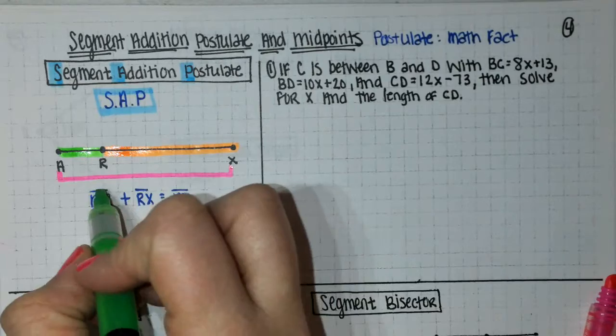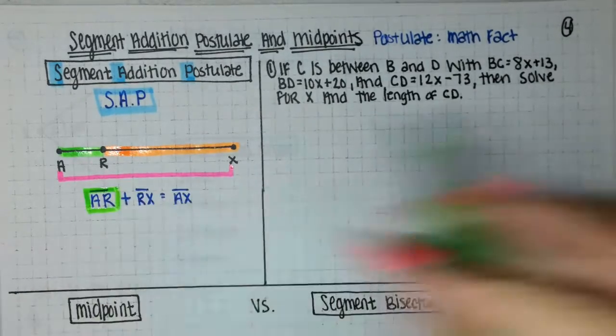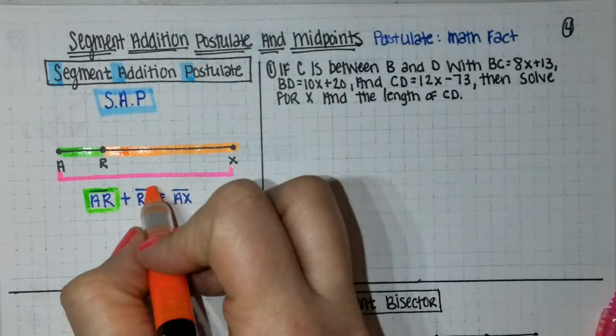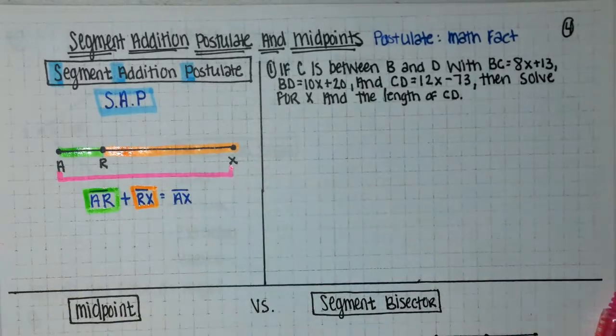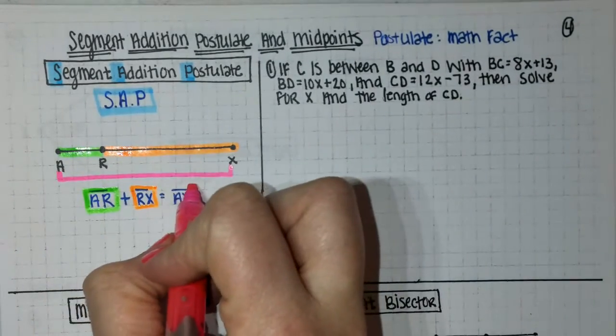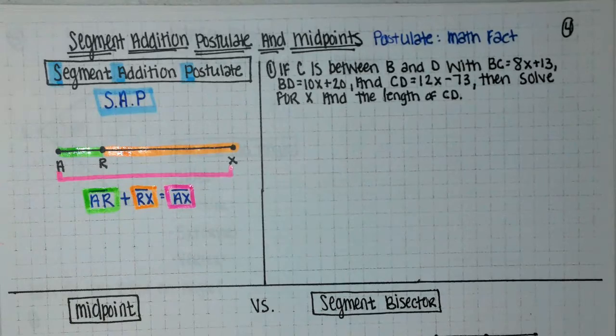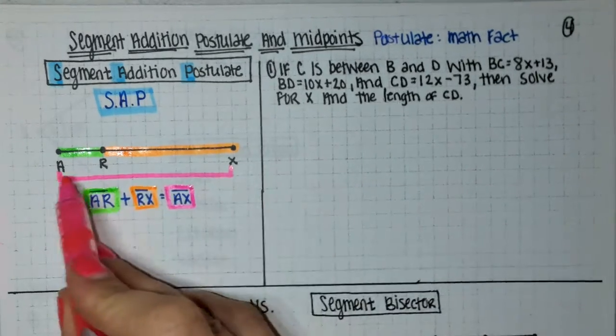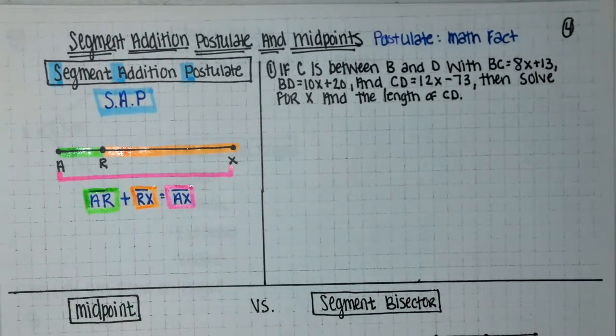So whenever we're doing segment addition postulate, all that means is that we're going to add small segments together to equal the large segment as a whole. And you could add more than 2 together. In this case, there's only 2, but you could add 7 segments together, and that would still give you a full piece.